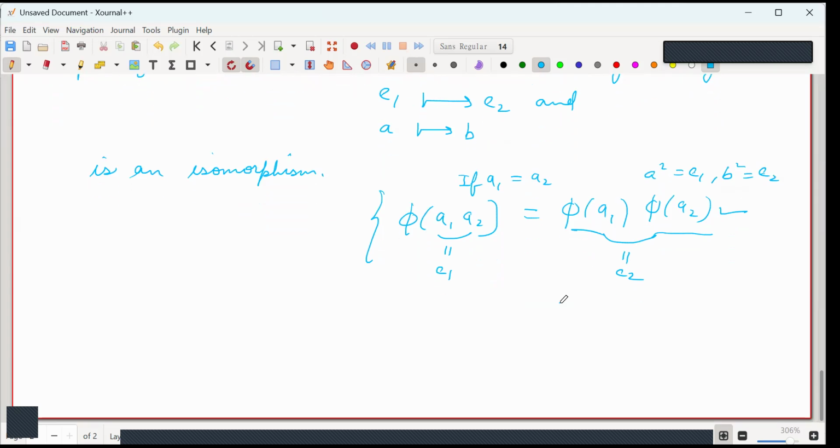I hope this is okay. Yes, sir. Now, if A1 is not equal to A2, then whether A1 is equal to A or A2 is equal to A doesn't matter. One of them is A and the other one is identity.